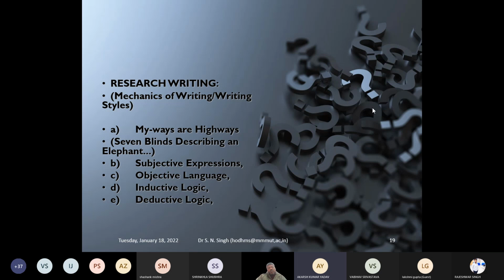But the deductive method of writing is like that, when you start talking, suppose that we have talked about inductive logic in writing. Let us talk about deductive logic in writing. Now I am developing the same thing in a different method about the COVID situation.